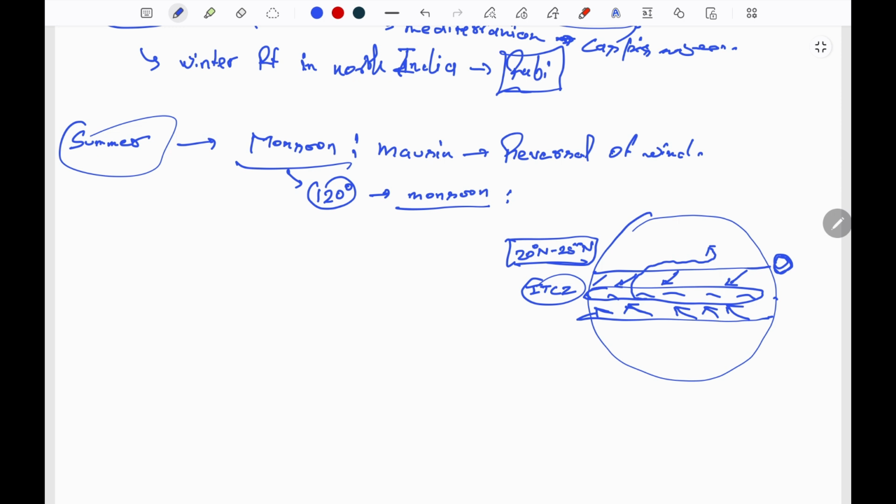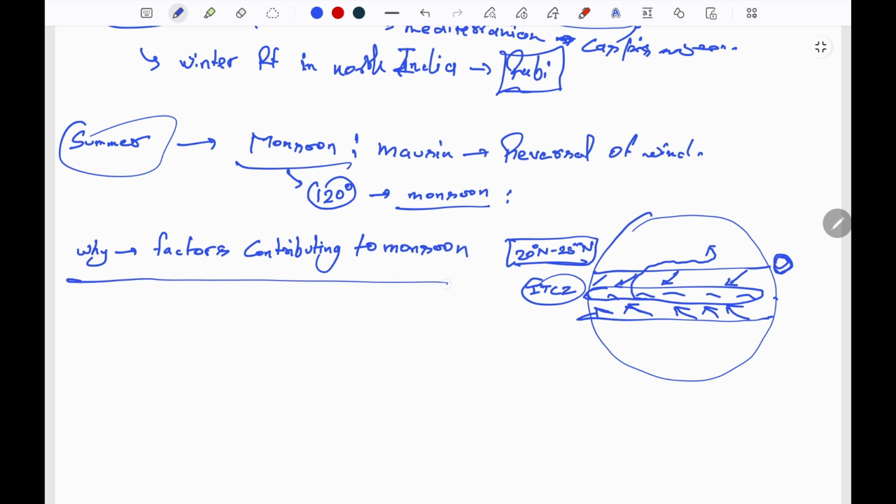So now let us look at why this happens. What are the factors that contribute to the monsoonal type of climate? First and foremost thing is differential heating of land and sea.